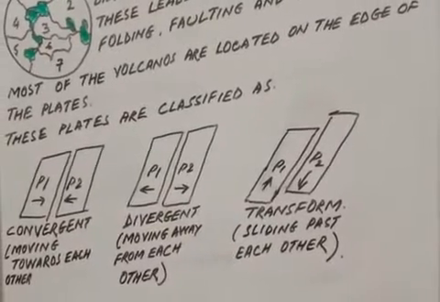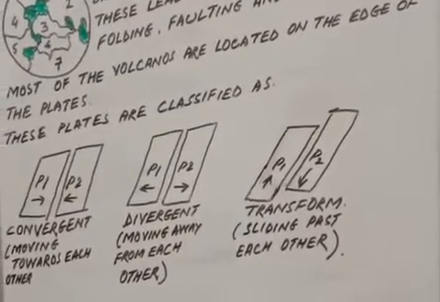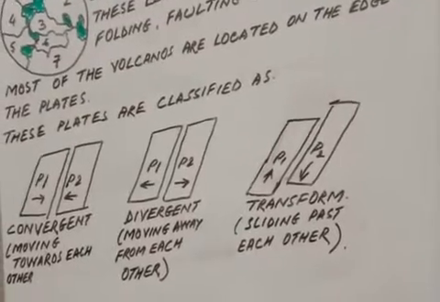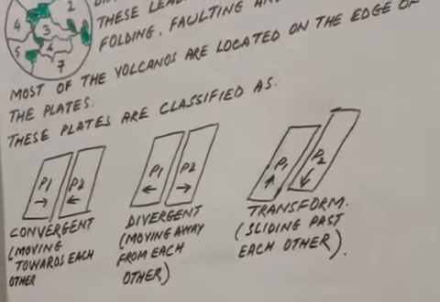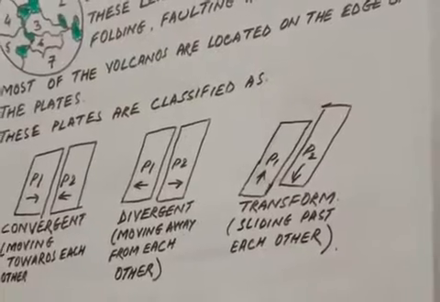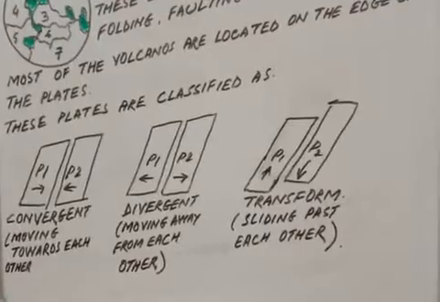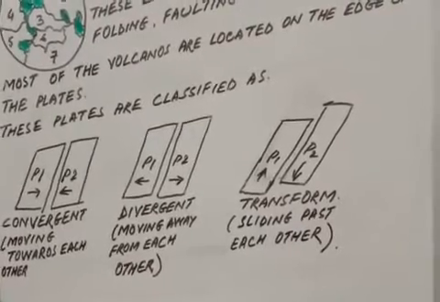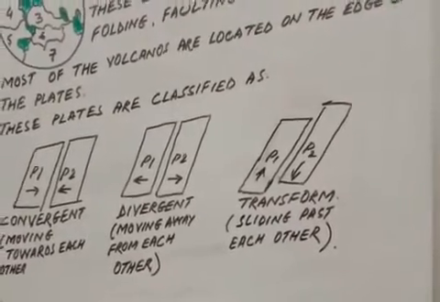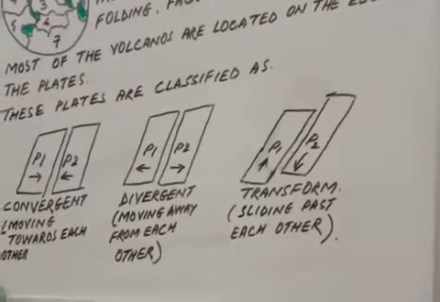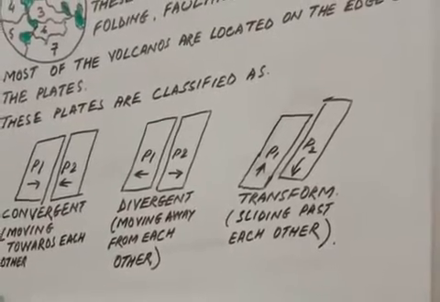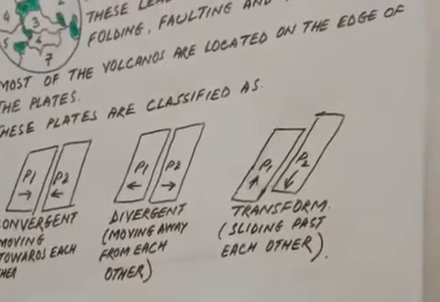That means, see the arrow mark, the plates are moving close to each other. Then we have divergent. Divergent means moving away from each other. You can see the arrow. And then you have transform. At a transform boundary, the plates slide past each other.